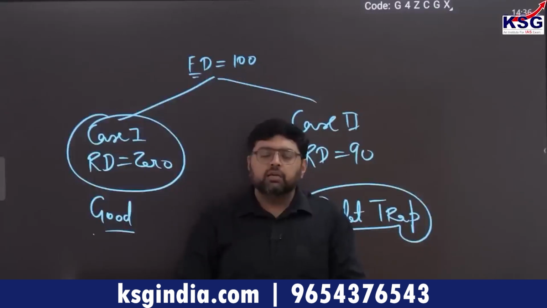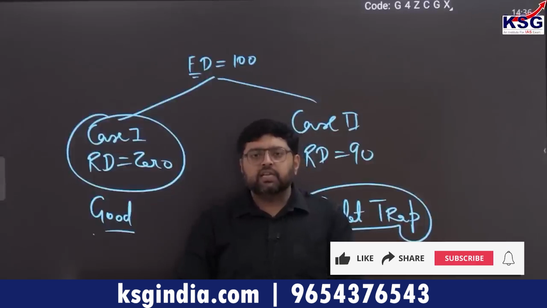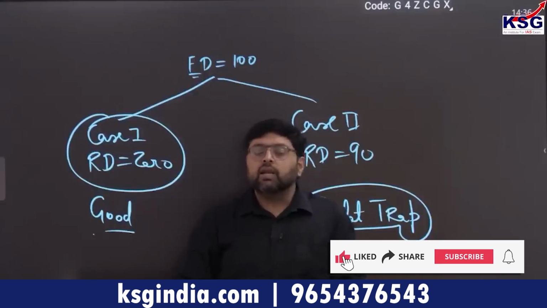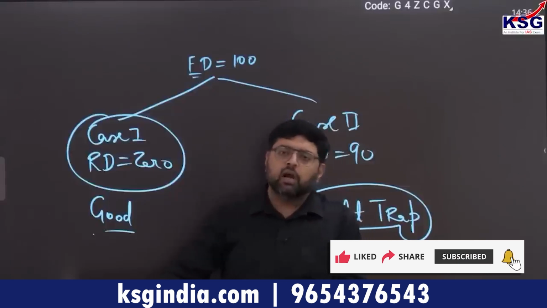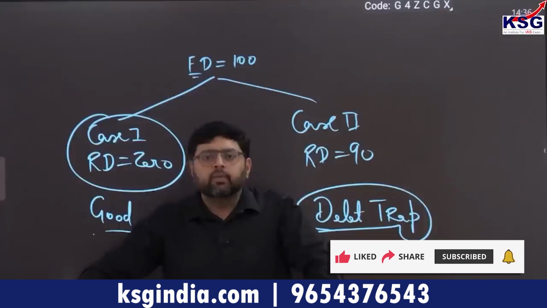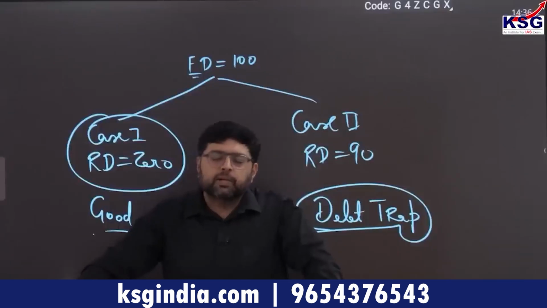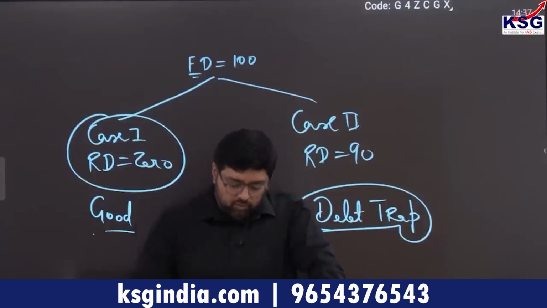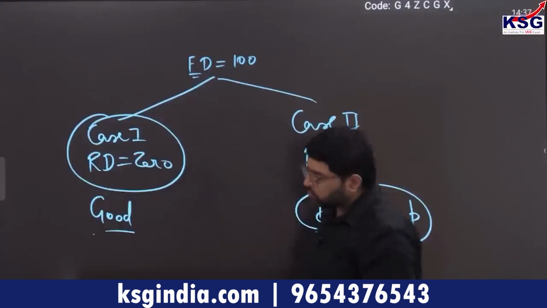But when you see the fiscal deficit along with revenue deficit, you will understand how much of the total borrowing is utilized for revenue expenditure and how much is left for capital expenditure. So the value of revenue deficit talks about the utilization of such borrowing. Yes or no? This is what you have to understand.